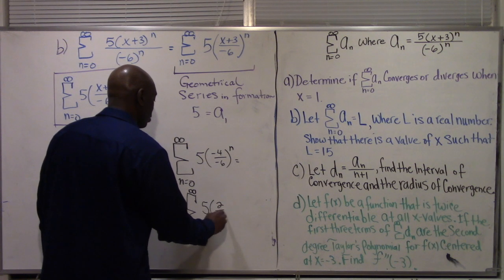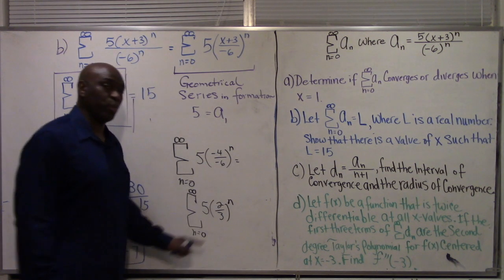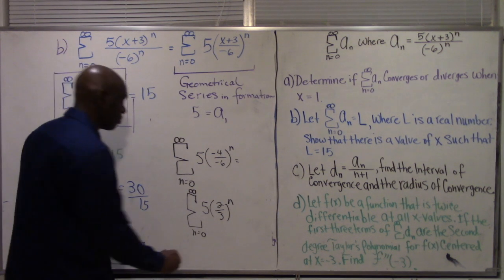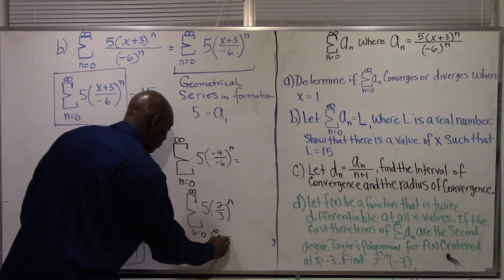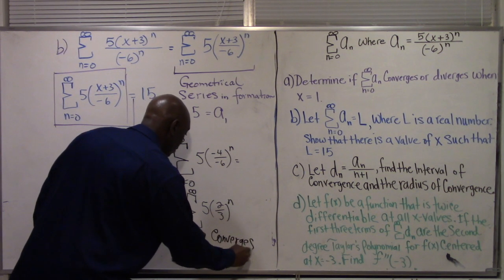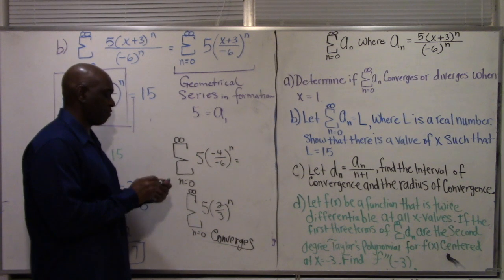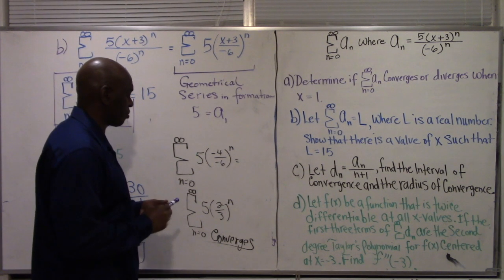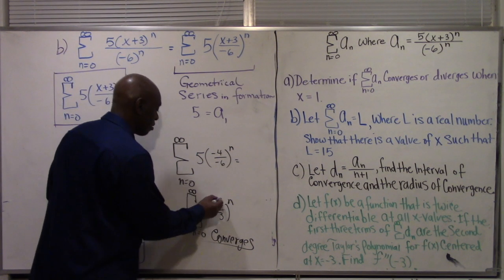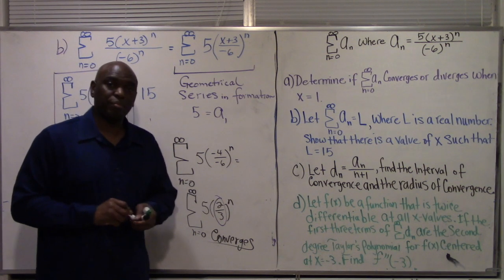Yep, 2/3 to the n. So we do know for sure that this converges. Why does it converge? Because our r is 2/3. So we're good. It converges.